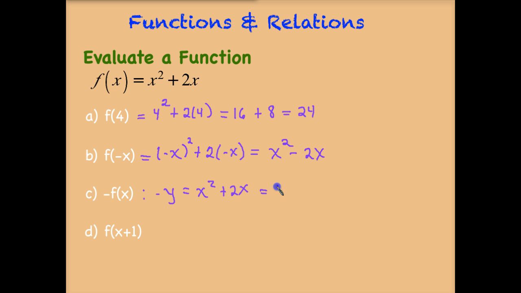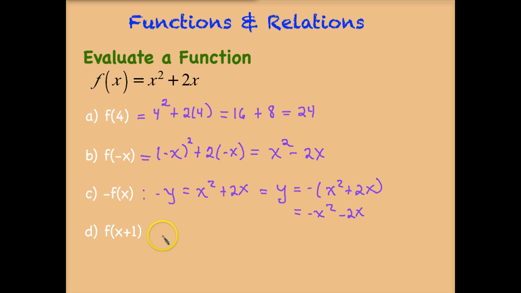Either way, we end up with a positive y, which will be equal to, in this case, negative x squared plus 2x. Multiplying that through, we would get negative x squared minus 2x. Notice this is very similar to b, but the negative is not with the x, it's in front. So if, for example, the x was 3, we could square it to get 9, but then we would put the negative back out in front for negative 9x.